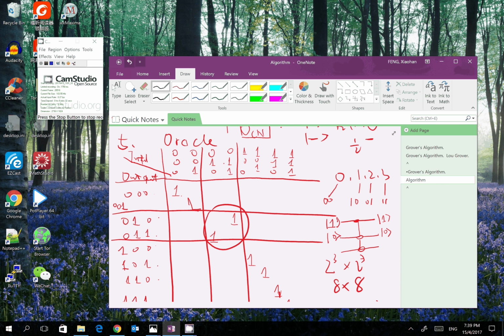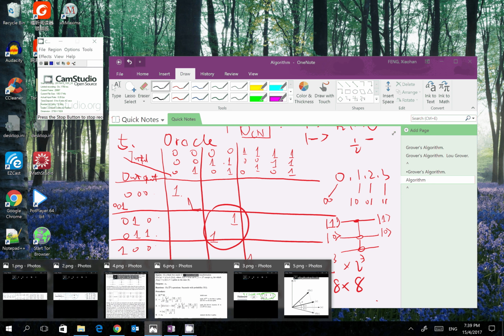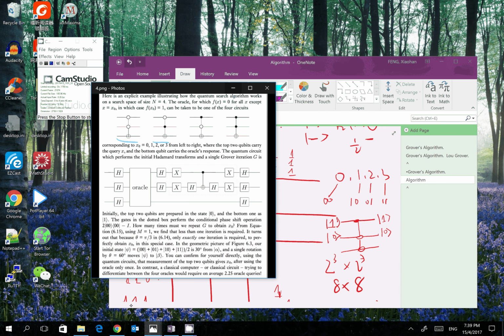The 4 atoms are 0, 1, 2, 3, respectively, and here these 4 pictures are the simplified inner construction for identifying the solution.